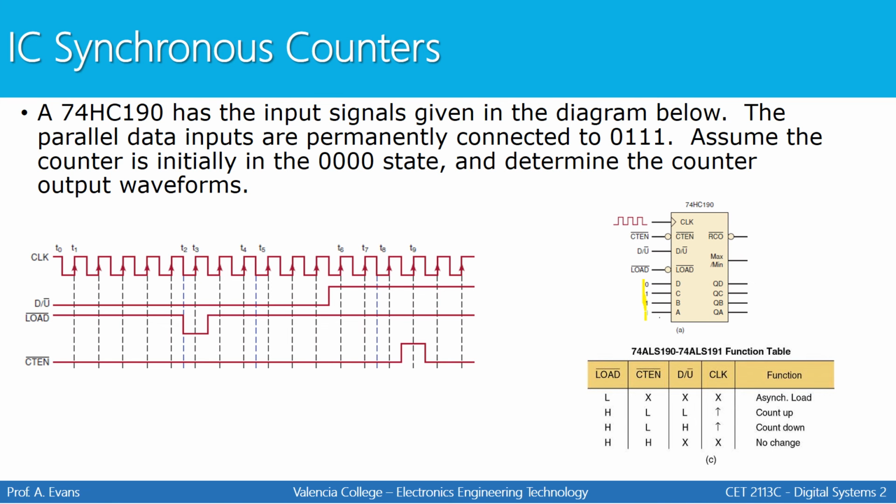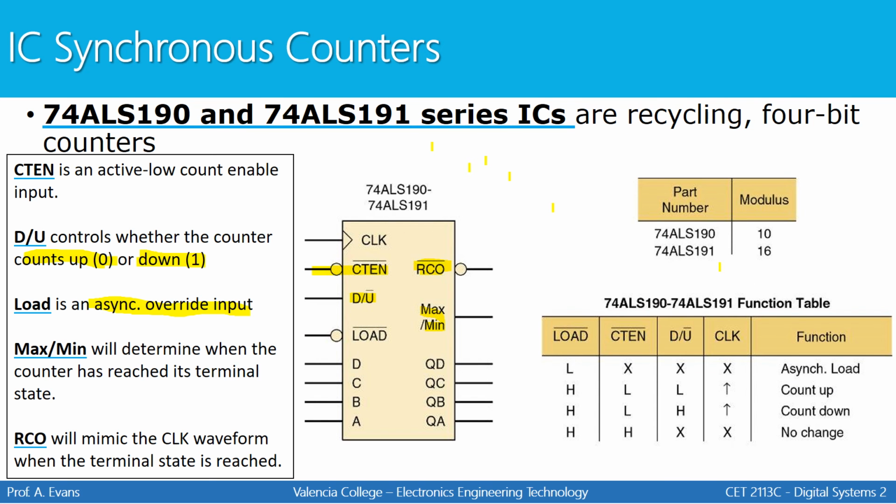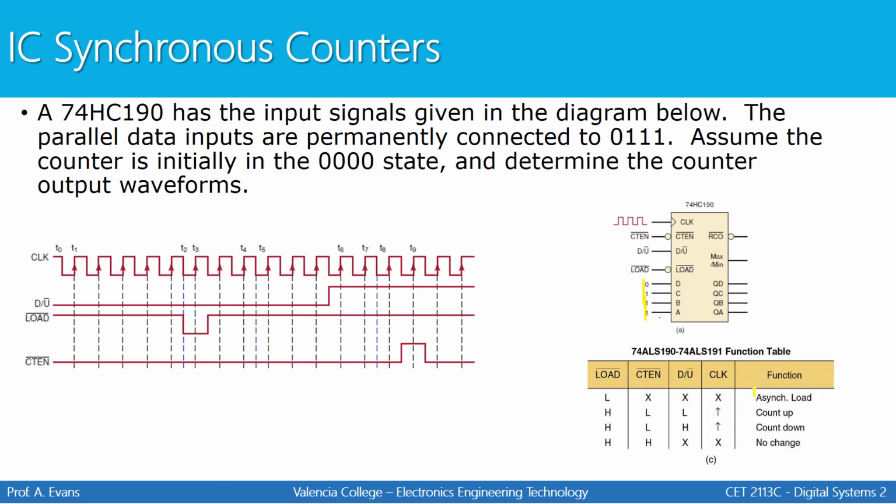So we're going to do another waveform, similar as before, except now we have the 190. Let's review. The 190 is a mod 10 counter, so it's only going to count from 0 to 9, no higher. We also can see that it has an asynchronous load, and we have this up-down input, which will control whether it counts down or counts up.